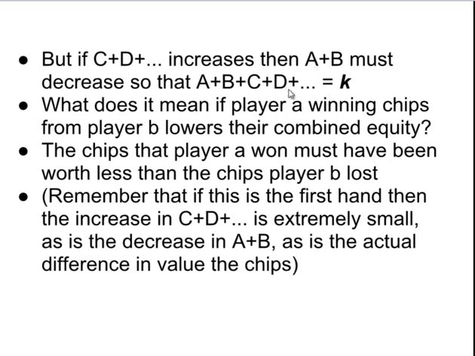So what does it mean if player A winning chips from player B lowers their combined equity? Well, what it means is that the chips that player A won must have been worth less than the chips that player B lost. I'll just pause for a second so you can think about that.